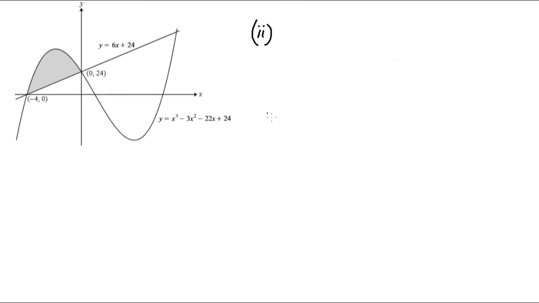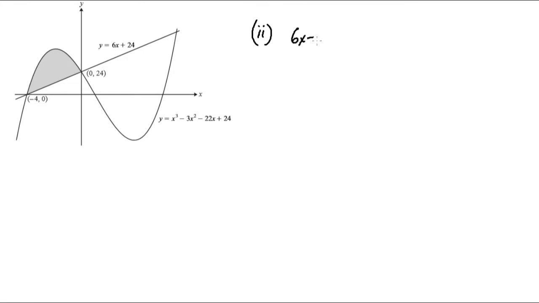So part 2, I need to find the x coordinate of this single point algebraically. The fact that they are two lines intersecting means that I need to do a simultaneous equation.